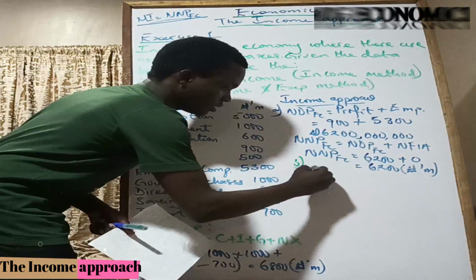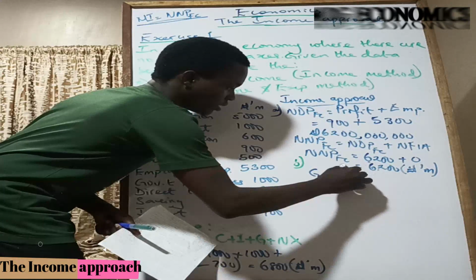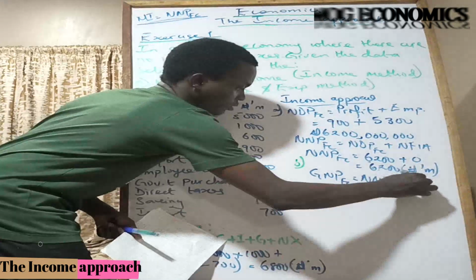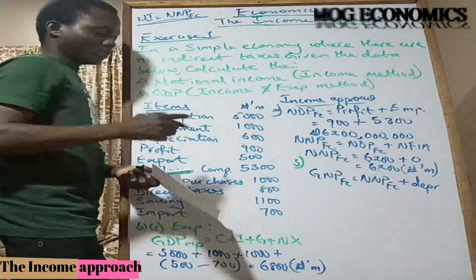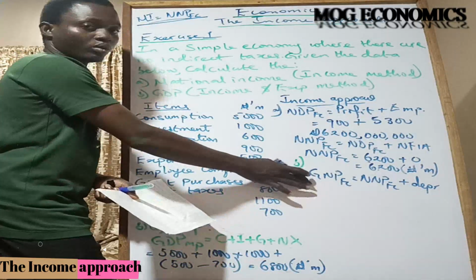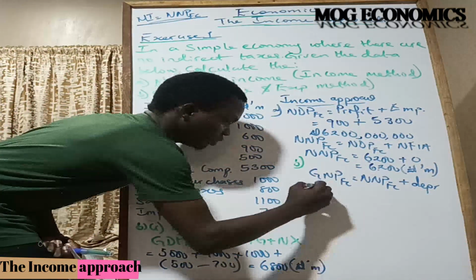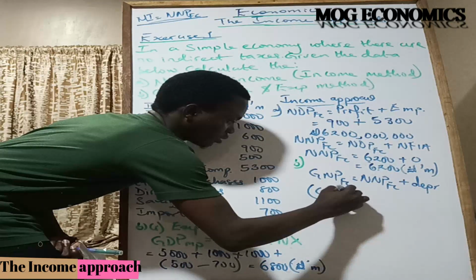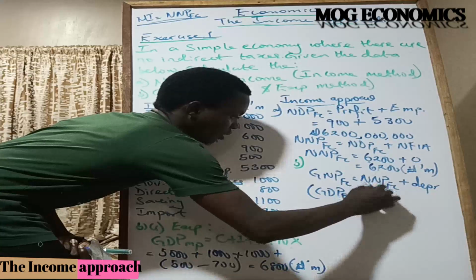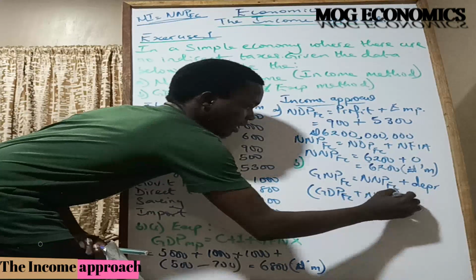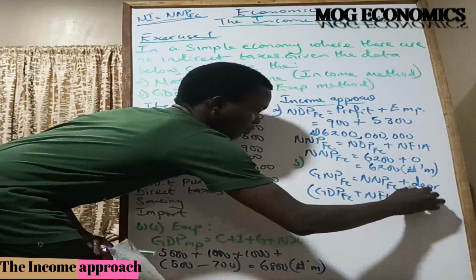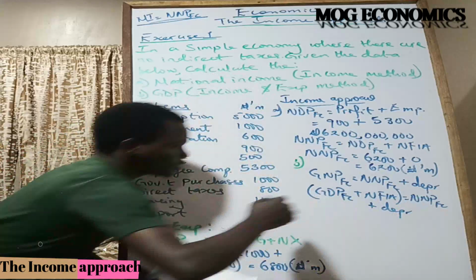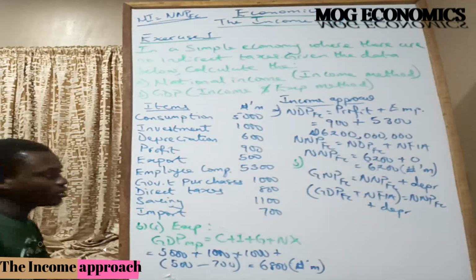GNP at factor cost is equal to NNP at factor cost plus depreciation, right? But GNP on its own actually is GDP at factor cost plus net factor income from abroad, NFIA, and that is equal to NNPFC plus depreciation. So when you add net factor income from abroad to your GDP, you get your GNP.